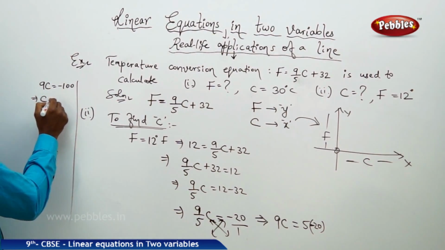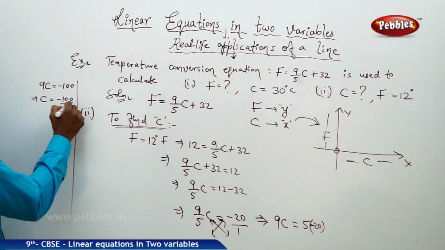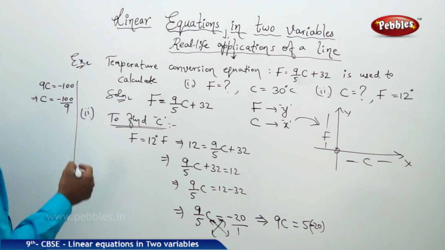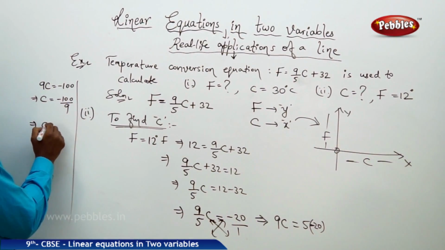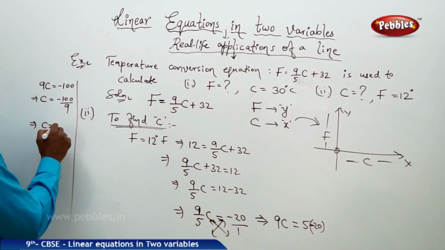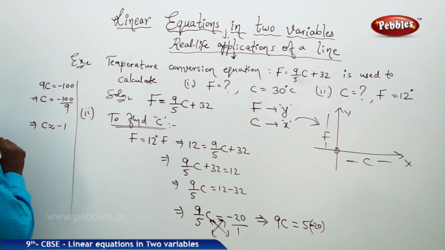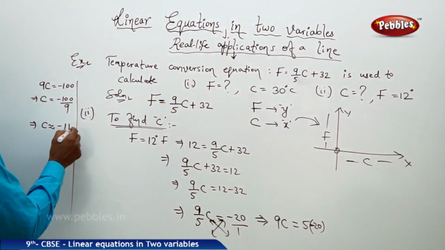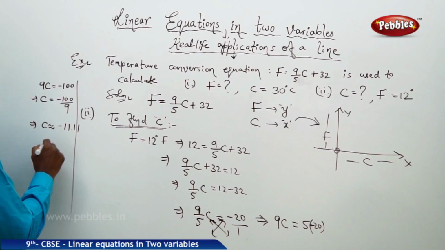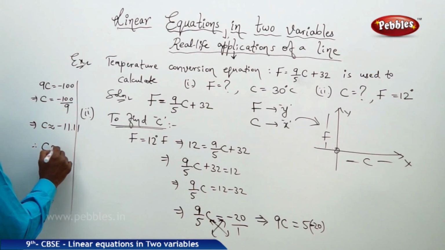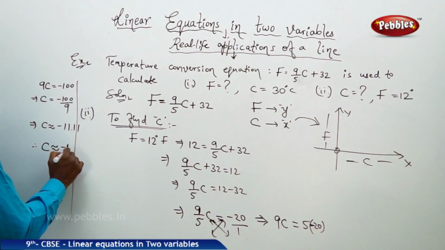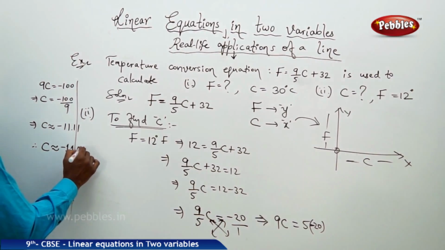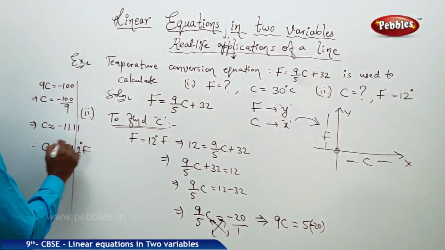That implies C is negative 100 by 9, which approximately converts to minus 11.1. So approximately C is negative 11.1 degrees centigrade.